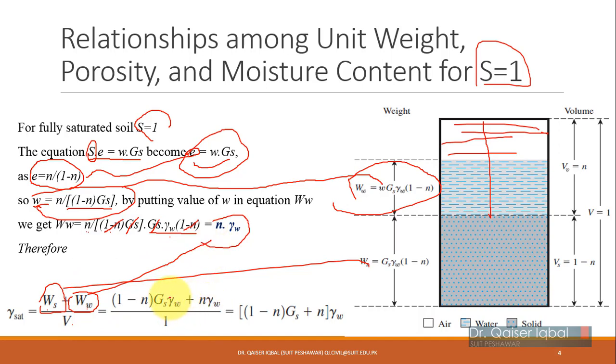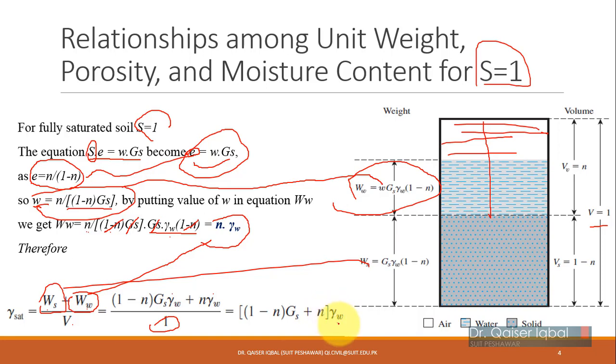Gamma w is basically constant, and the volume is assumed to be equal to 1. So the saturated unit weight is equal to ((1 minus porosity) times specific gravity plus porosity) times gamma w, the unit weight of water.